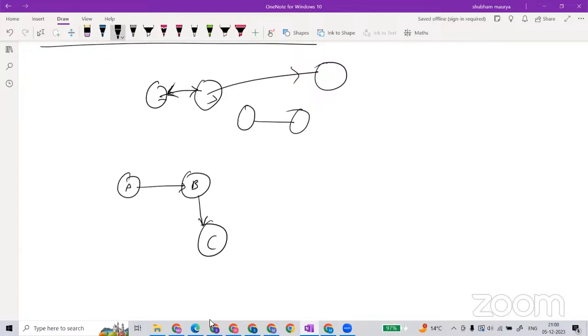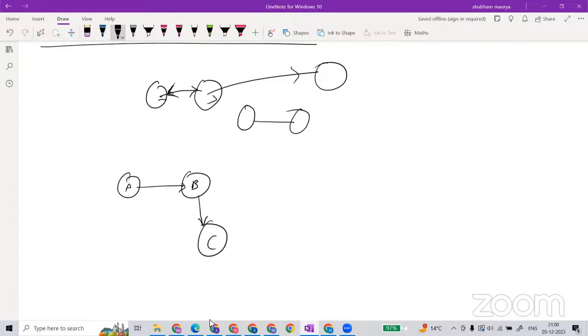So if we are talking about connectedness, in that situation we will say undirected graph. We will study only undirected graphs.